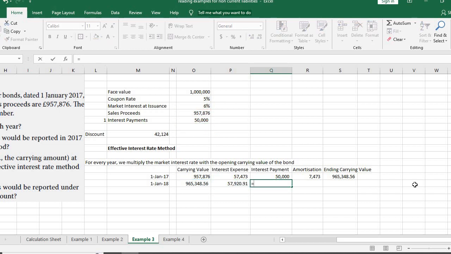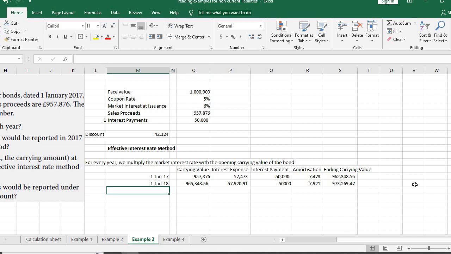The interest payment is going to be the same, million times the coupon rate, and the difference of interest expense and interest payment is going to be, so in the second year of issuance we see the carrying value increase by 7,921. So we are going to repeat this for the 5 years of issuance, 17, 18, 19, 20 and 21.